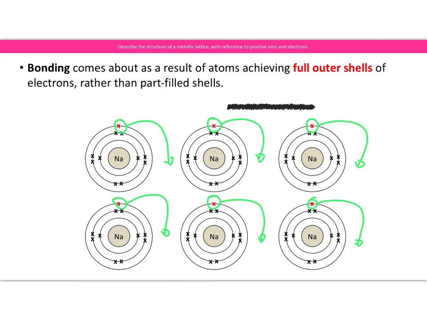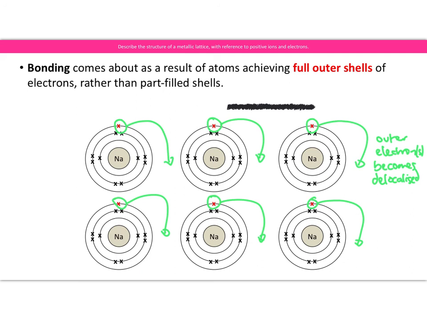Delocalized means it's no longer restricted to that place or region. So these outermost electrons, in our sodium, they have one electron on the outer shell. They are going to become delocalized. So the outer electron, but it's electrons because there's lots of these sodium atoms, is actually delocalized.